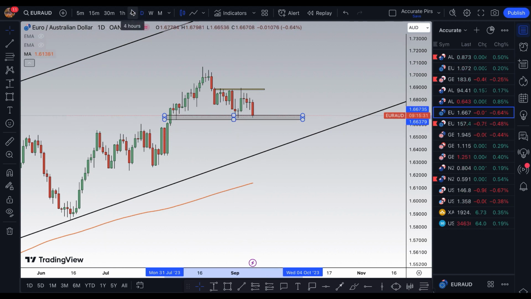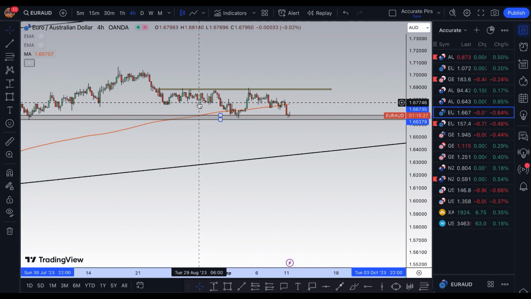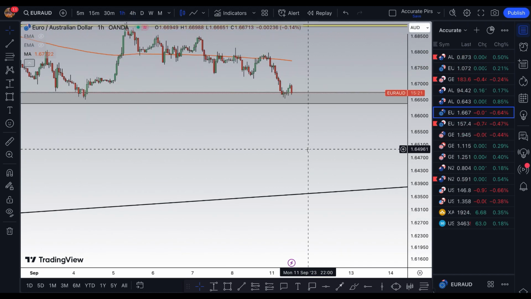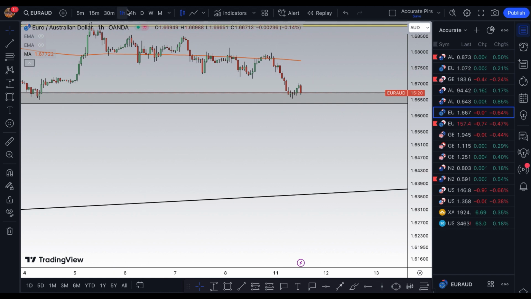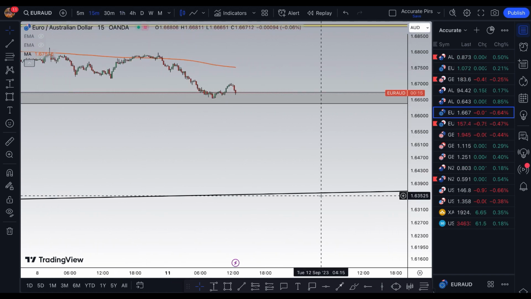Let's scroll down to the 4-hour time frame, and now what we need to do is wait for a candlestick reversal pattern on the 4-hour or 1-hour time frame. I would probably wait. We go on to the 15-minute, and now can we get a break?